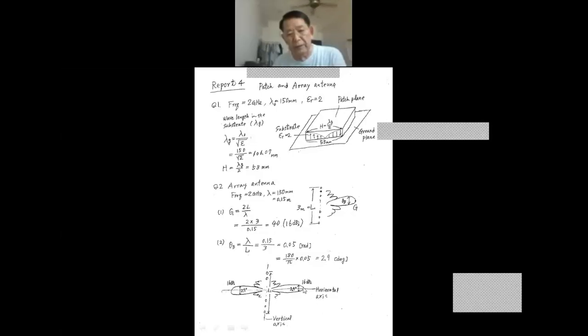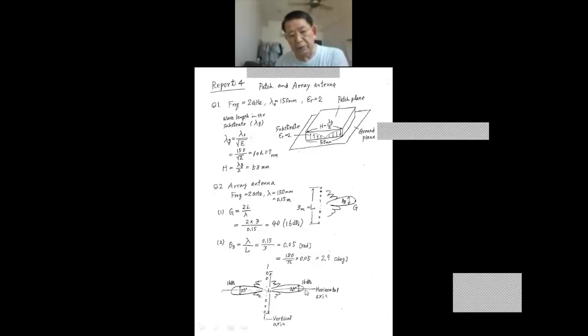This horizontal is highest, 16 dBi, and going up a little bit, it becomes very rapidly small, and in the vertical plane, almost zero. The downward direction is only there. This is the array. Okay.